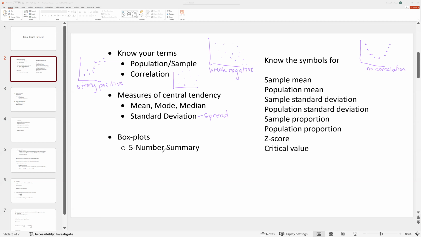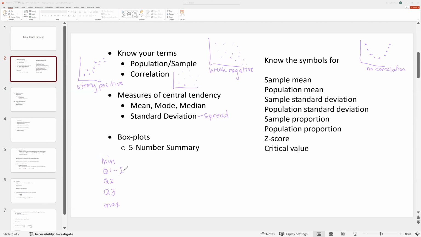All right. Box plots. Again, something we haven't talked about for a long time. We didn't draw any, but we did talk about the 5-number summary. And the 5-number summary is the minimum, Q1, Q2, Q3, and the maximum. So it's taking a bunch of numbers, putting them in order. So minimum, smallest, maximum, largest.